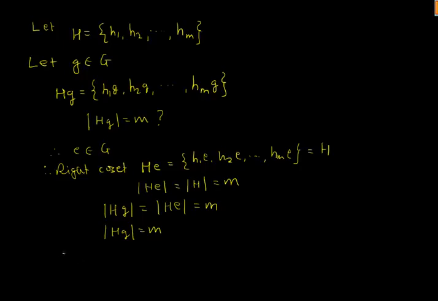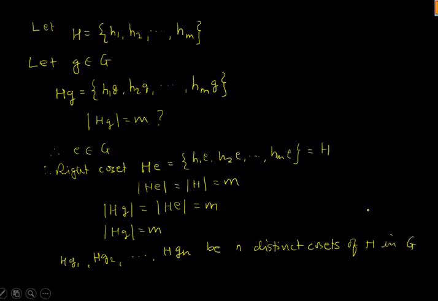So suppose Hg1, Hg2, and finally Hgn are n distinct cosets of H in G. Now, we know that distinct right cosets of H create equivalence classes, and hence they provide a partition of G. Therefore, we may write G as the union of these distinct right cosets.